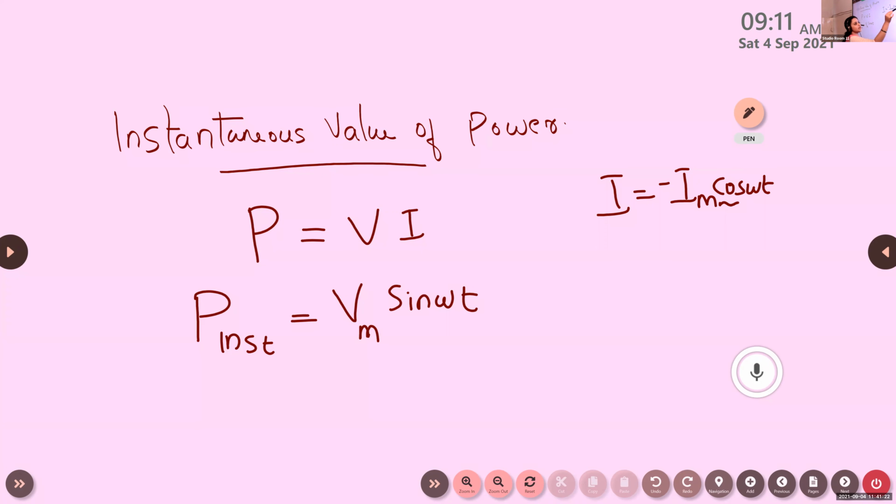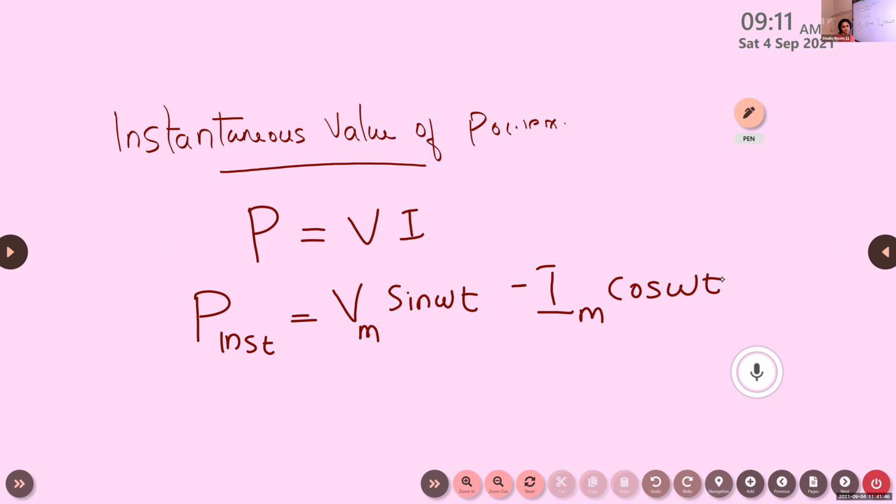After that, we convert this cos omega t function in terms of sine omega t. But in order to derive the expression for the instantaneous value of power, we take this value of current in terms of the cosine function itself. So the current generated in the inductor when it is connected to an AC voltage is given by minus Im cos omega t. We don't need to write it in terms of the sine function.